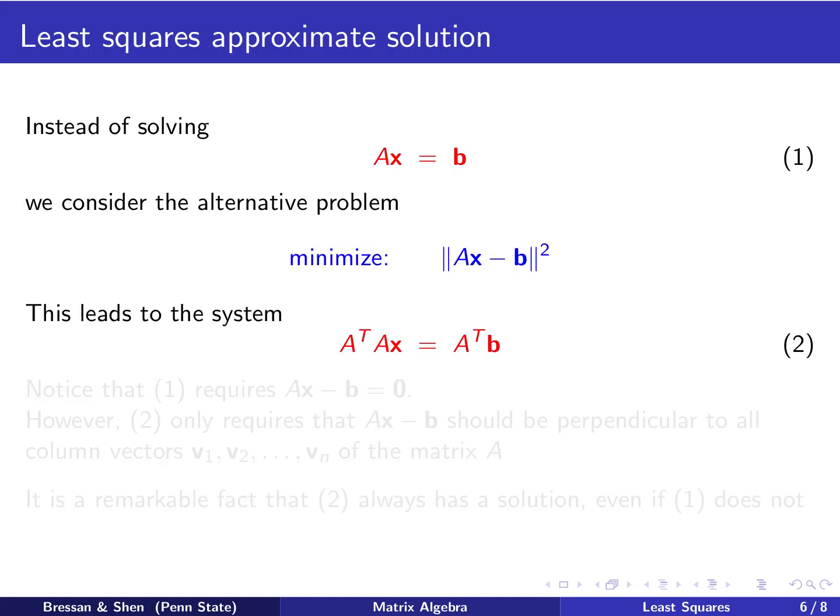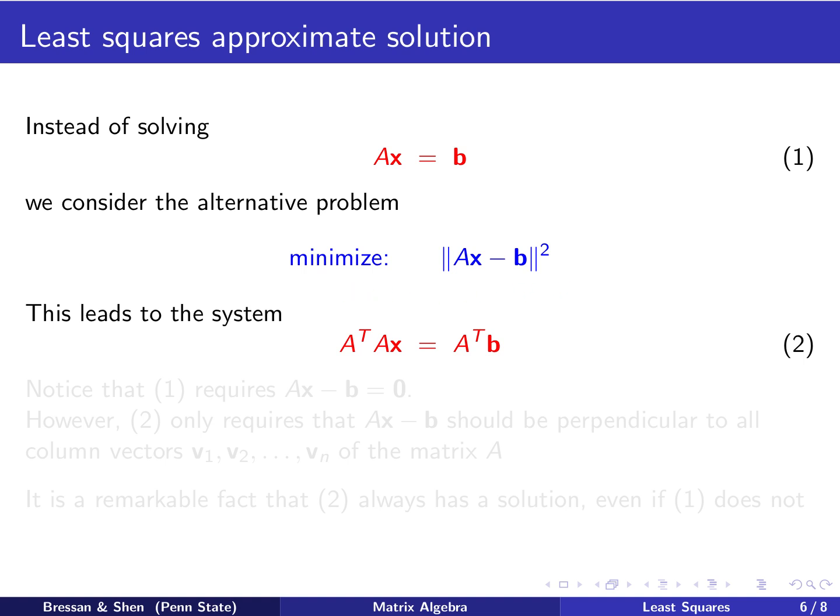Okay, so let's define the least square approximate solution. Let's go back to where we started. We want to solve AX equal B, and we found out we can't do that. Instead of solving this, we seek the next best thing, an alternative problem. We consider a problem that minimizes the residual AX minus B, measured in a certain norm squared.